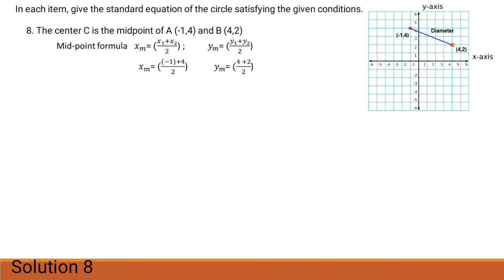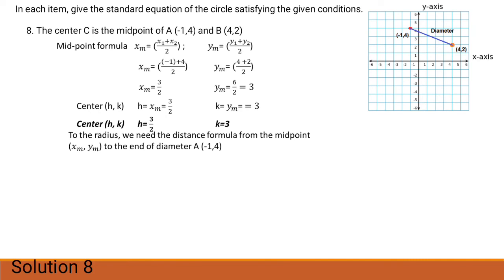So we have (-1 + 4)/2 and (4 + 2)/2. Therefore, x_m is 3/2 and y_m is 3. Since the center is the midpoint, we have (h, k) = (3/2, 3).